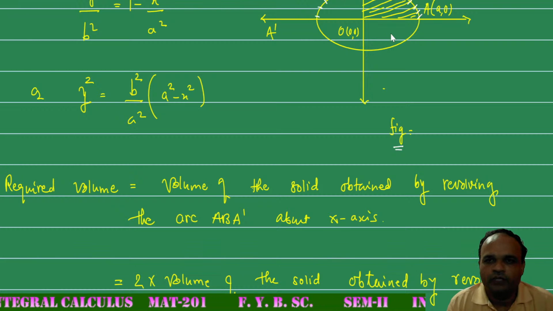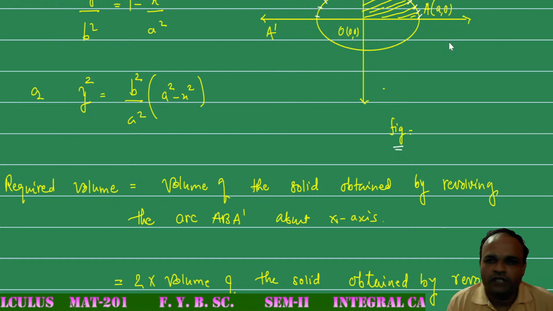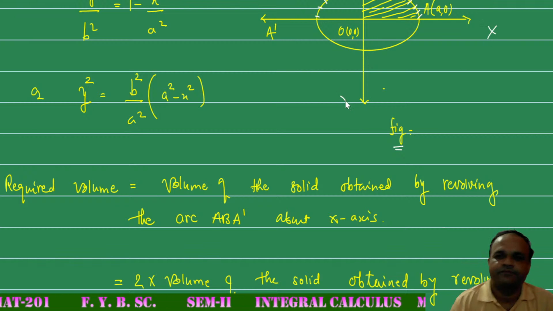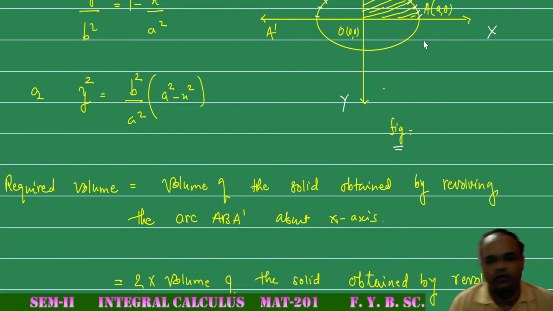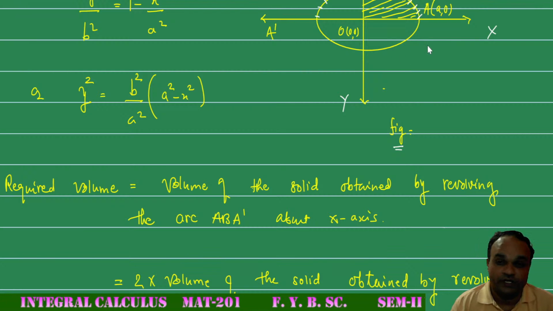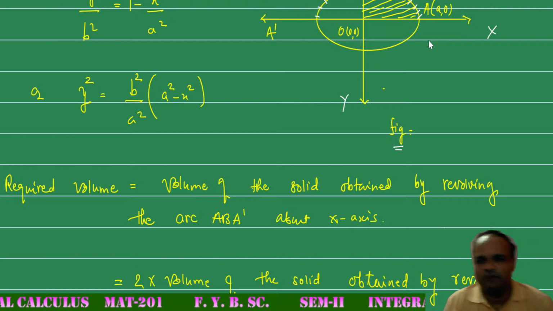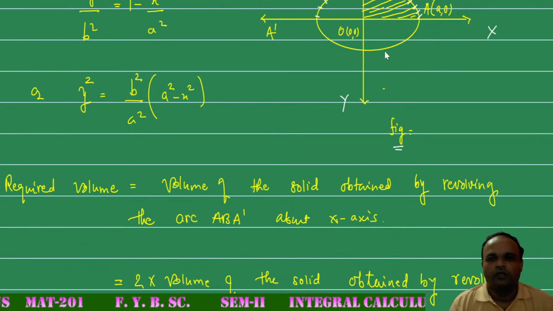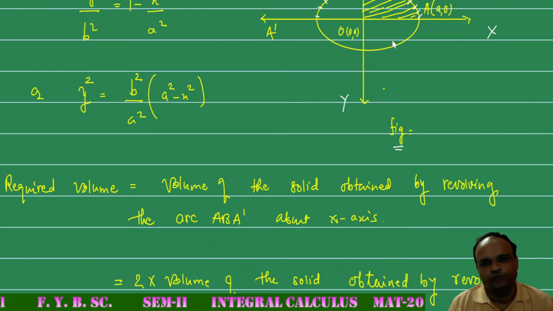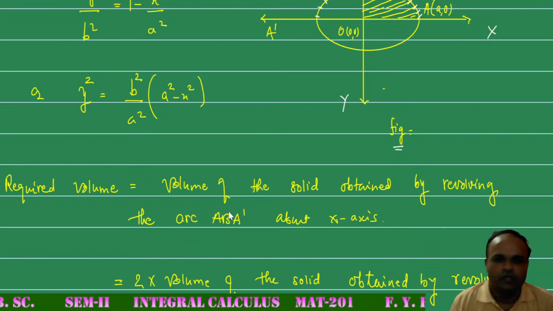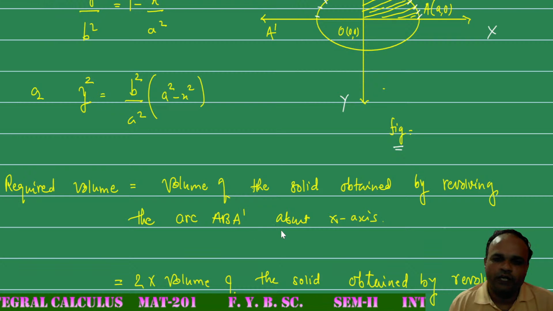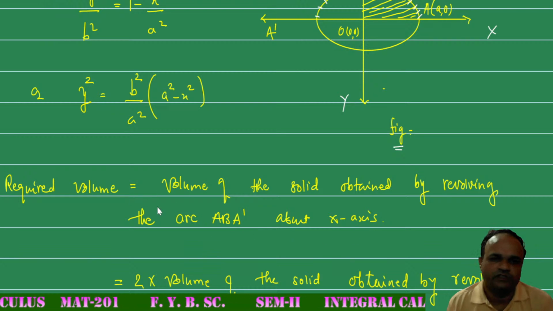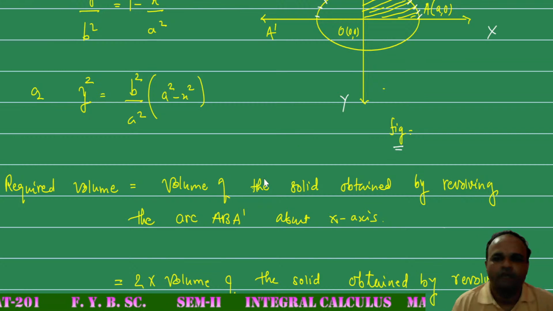We are revolving this arc about the x-axis, and because of that revolution this solid will be generated. So we have to find the volume of that resulting solid. You can just imagine it. It will be the volume of the solid obtained by revolving the arc A B A dash about x-axis. So this is our required volume which we have to find.